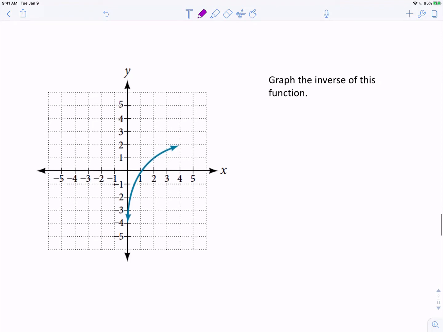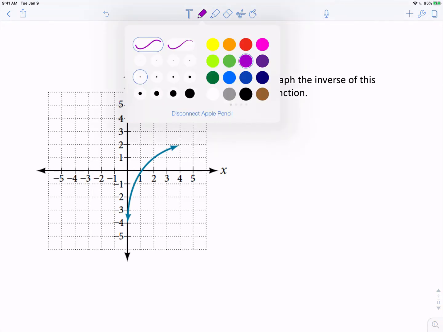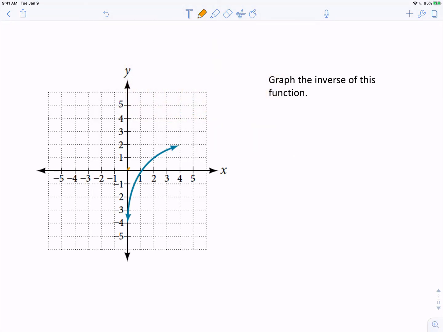Now that we know that, we can graph the inverse of a function pretty easily. There's a couple of ways you can do this. You can just think about the line y equals x. Sometimes it's helpful to draw it into your graph just to keep it as a reference point.